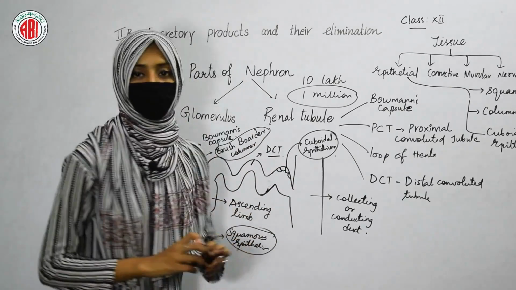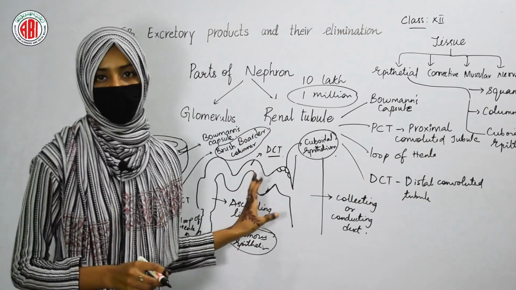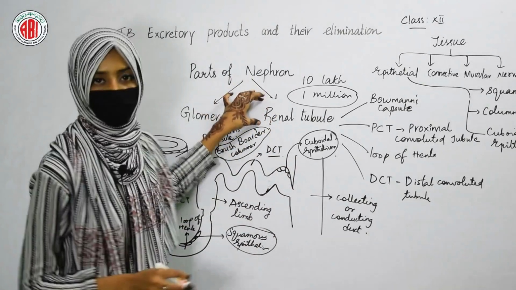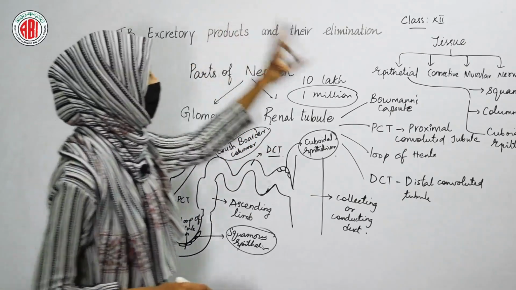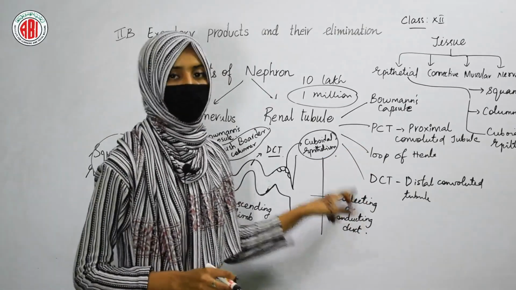This is how the different epithelial cells cover the different parts of a nephron, especially the different parts of the renal tubule. So, the renal tubule shows you the main parts like Bowman's capsule, PCT, loop of Henle and DCT.